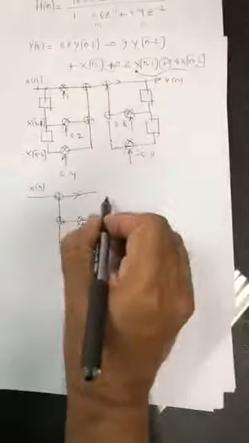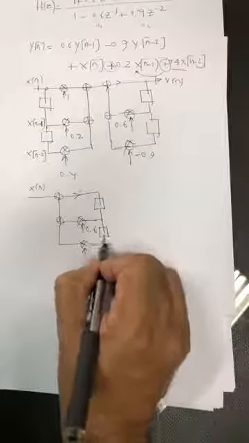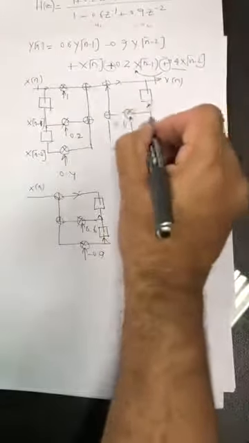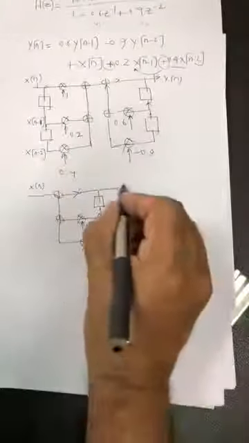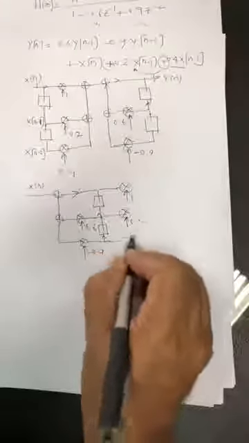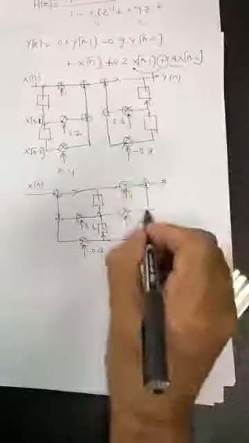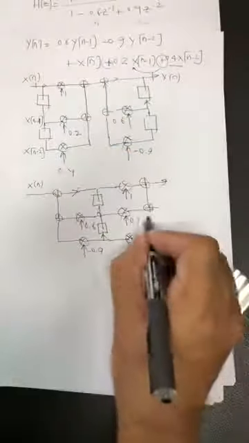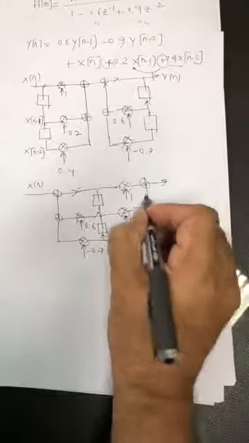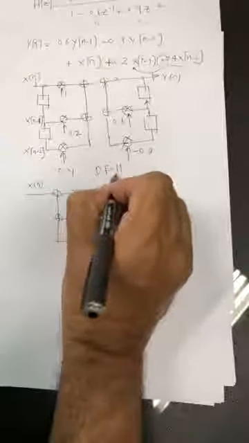Then these two registers. The registers are the same. So you have this multiplier with 1, this multiplier which is 0.2, and this multiplier which is 0.4. Then you have this adder, this adder, and there is no adder here. This is direct form 2.